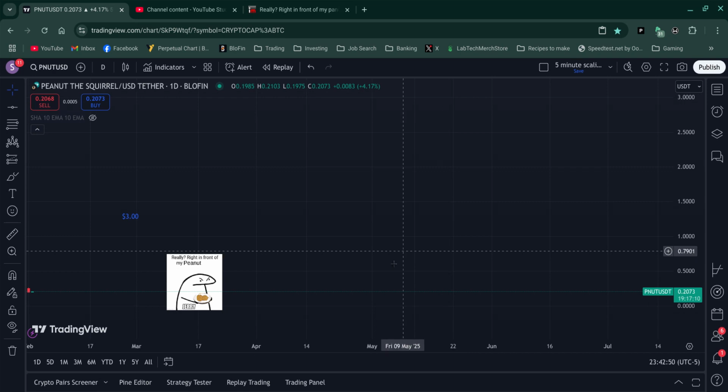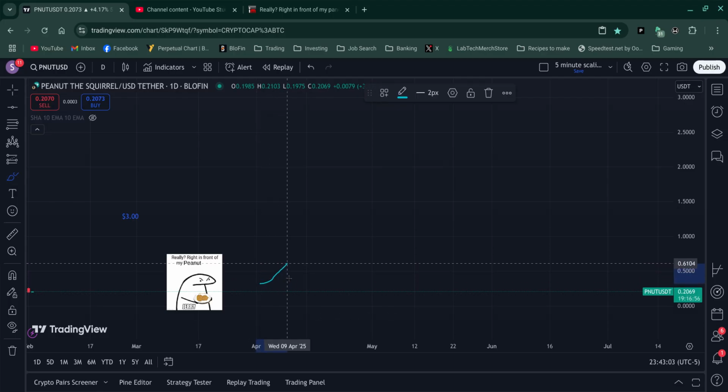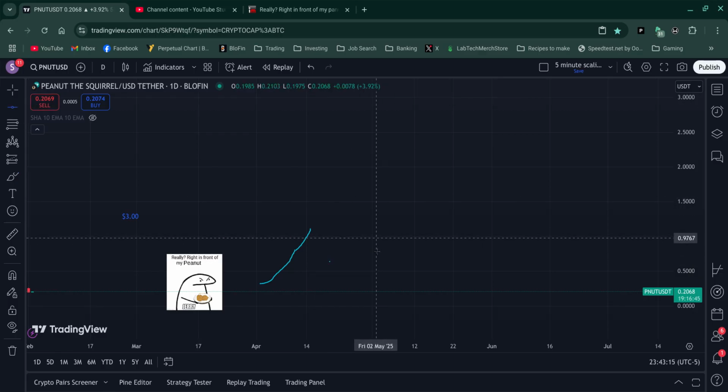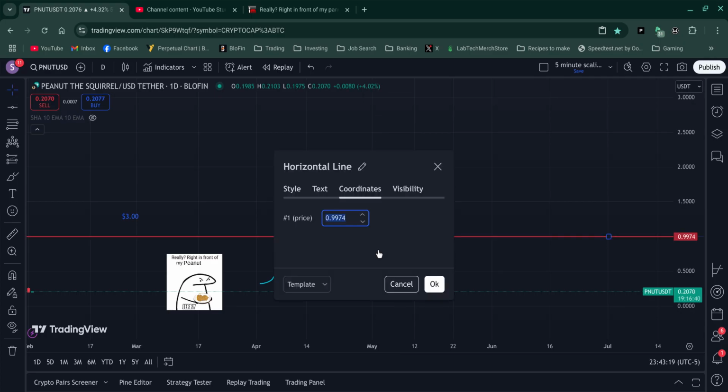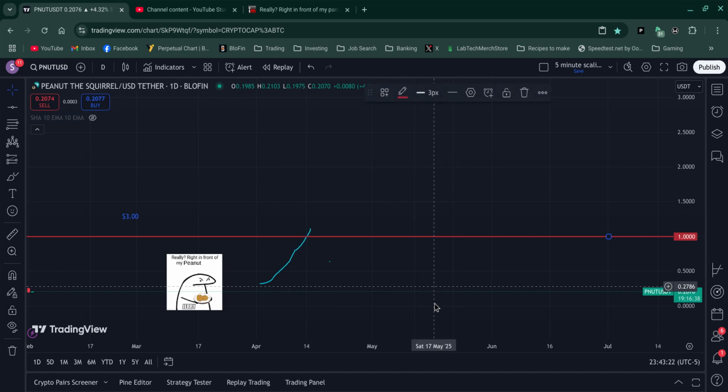Okay, so let's say, for example, the current price of peanuts is around 50 cents, and it starts to go up, like that, and it gets up to about $1, right? So let's say Jerry buys one peanut for $1.